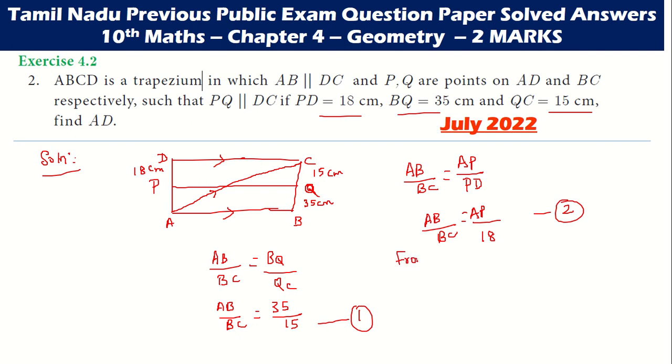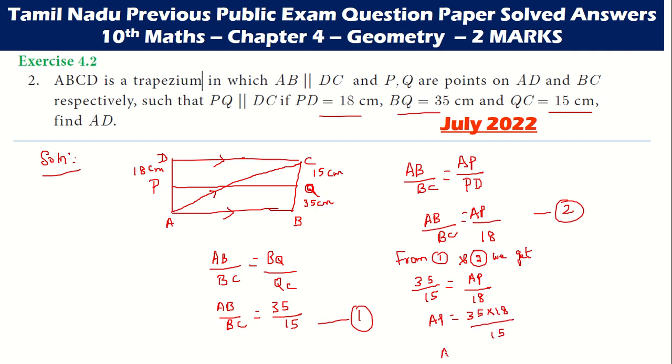So from 1 and 2 we get, from the first one's answer, 35 by 15 is equal to AP by 18. So in the next step, AP is equal to 35 into 18 divided by 15.